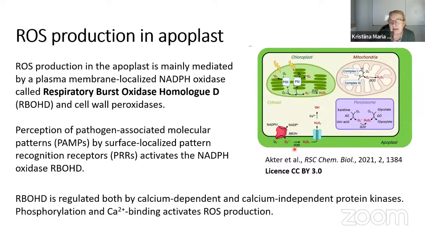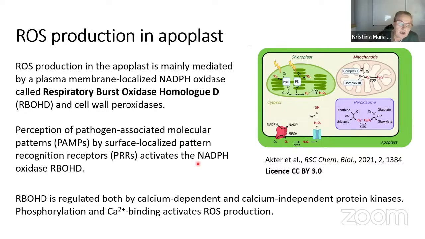Here the superoxide radical, which is formed, is already converted by superoxide dismutase to hydrogen peroxide. Then it is transferred through the aquaporins into the cytoplasm, where it can also be converted by the Fenton reaction to the hydroxyl radical.